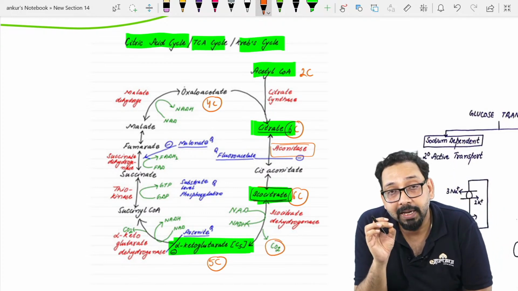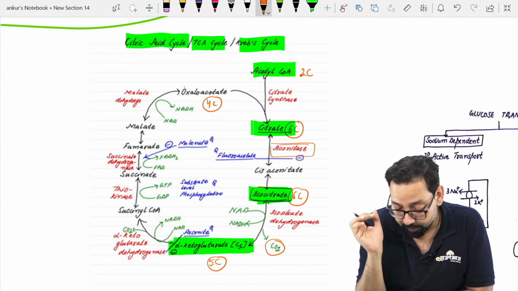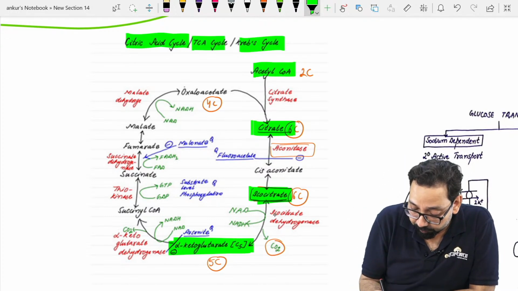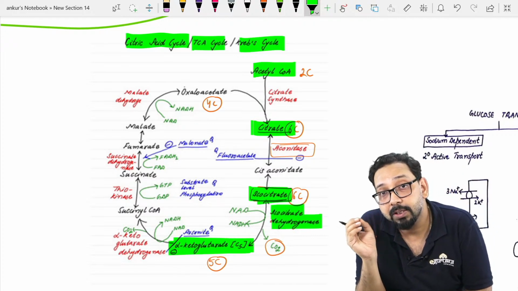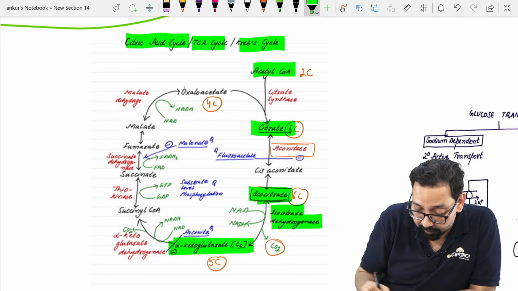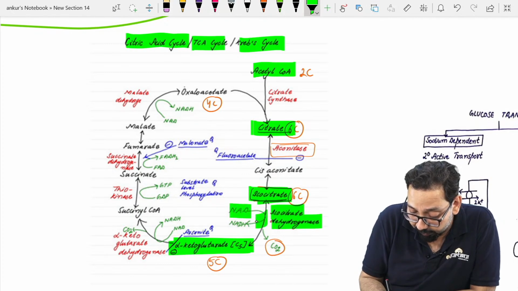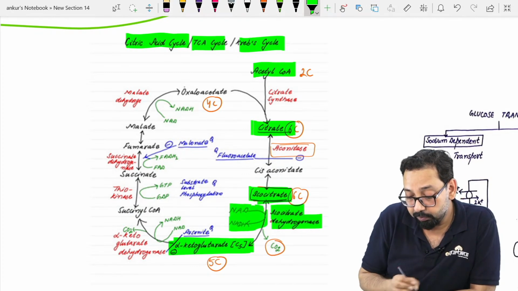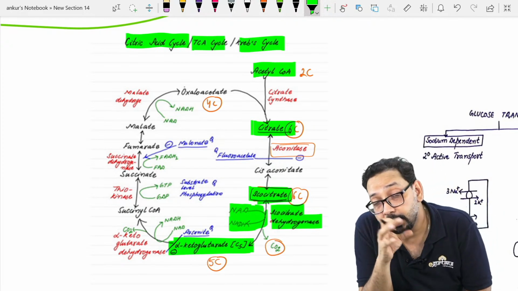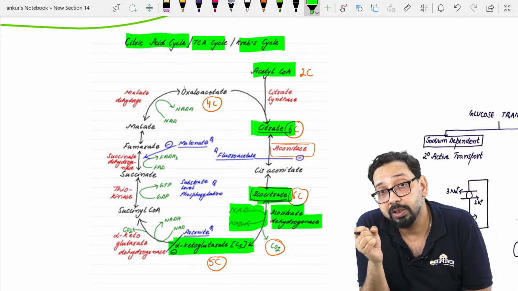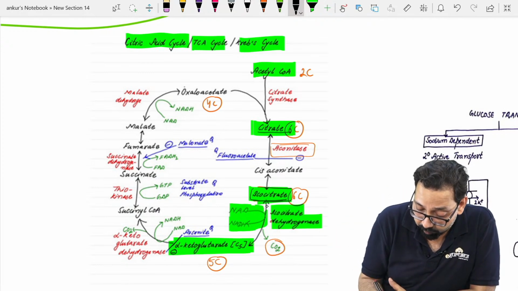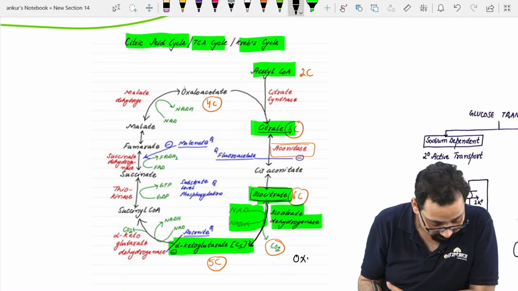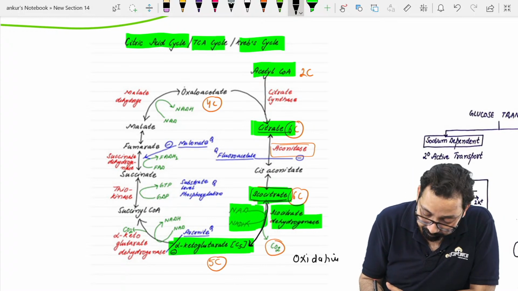Removal of carbon dioxide is called decarboxylation, and the name of the enzyme is isocitrate dehydrogenase. Dehydrogenase means removal of hydrogen, and hydrogen is taken up by NAD to form NADH. Removal of hydrogen is called oxidation. So this reaction is an example of oxidative decarboxylation.